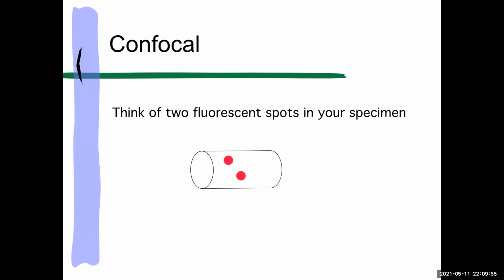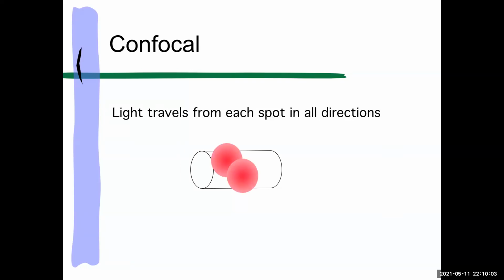Okay, so confocal. Think about two fluorescent spots in your specimen. The light is going to radiate out in all directions from those spots, right? So those spots were the original red spots, and you're going to excite the fluorophore that's in that location in your specimen, which happens to be a tube just for this example.